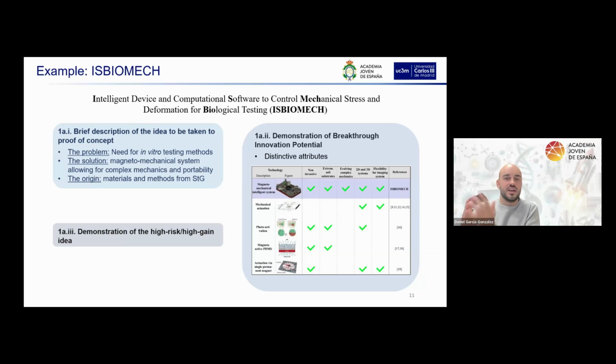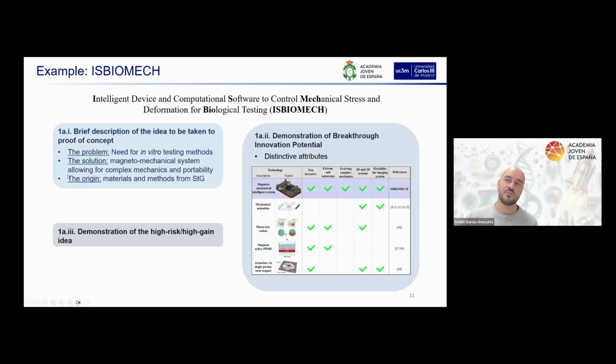It's like, okay, we know that these mechanical effects are important in biology, but how can I test it in my lab? So that's the problem. The solution, okay, I want to have a given product, a given device that I can have in my lab to reproduce it, okay, to impose this mechanical stimuli on the different biological systems.